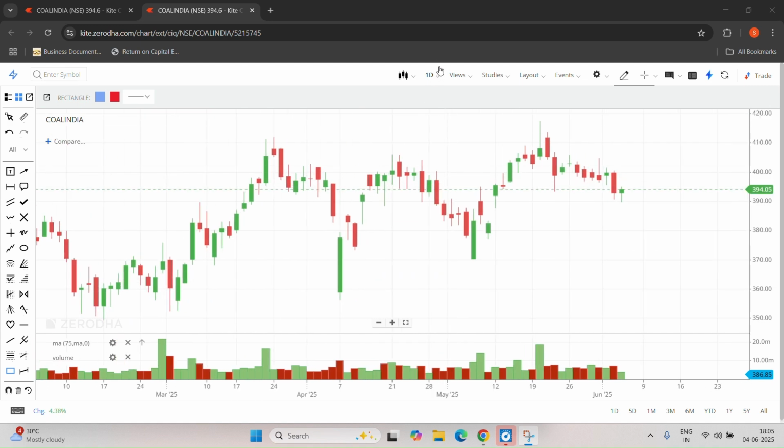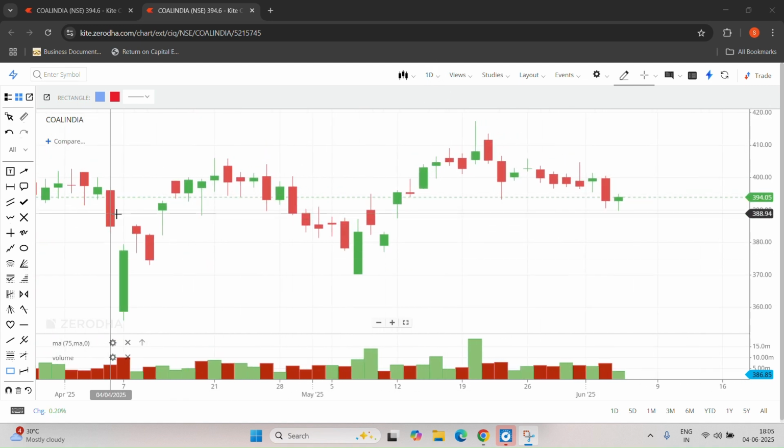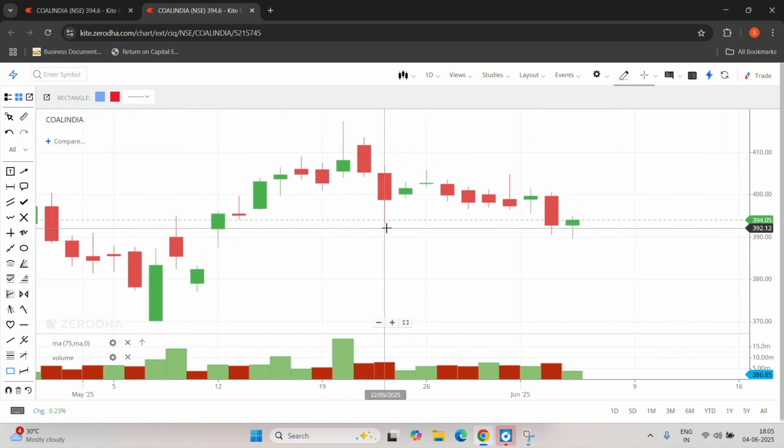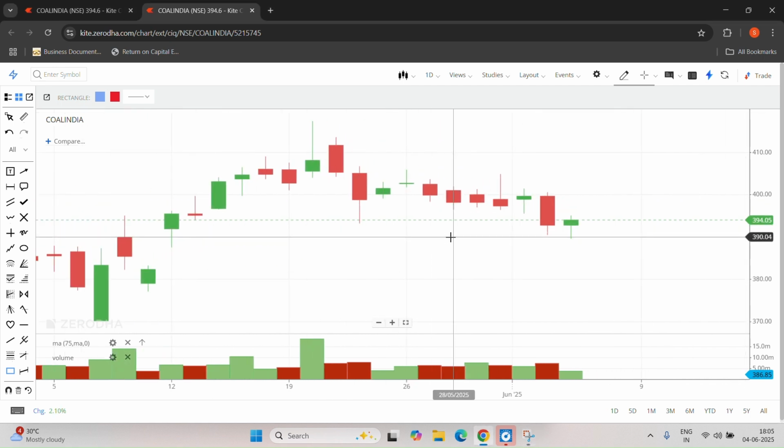All you got to do is come on the 1 day time frame. These candles which you can see are basically of the 1 day time frame. All you have to do is find candles with heavy volumes. When I say candle with heavy volumes, what I mean is the volume of that particular candle should be more than the previous one.